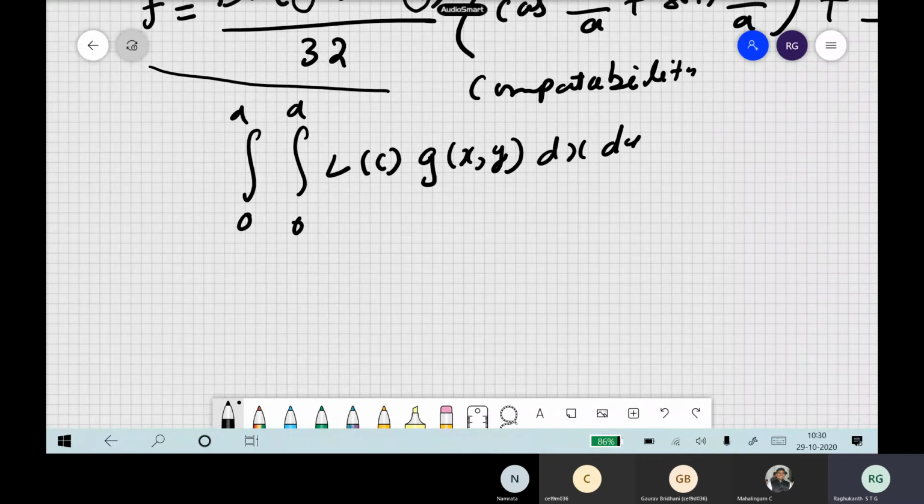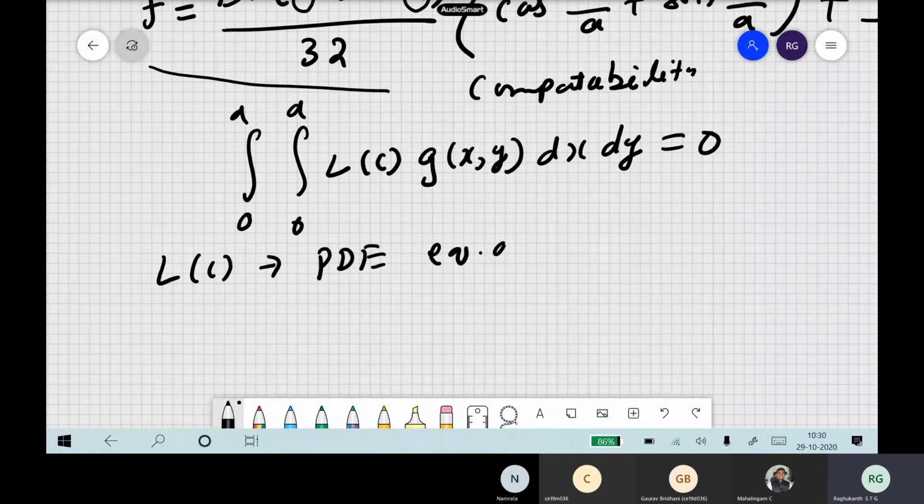So the integral over dx dy has to be equated to 0, where L of c is nothing but the PDE, that is the equation of equilibrium. So you can solve by this Galerkin method. Because closed form solutions are not possible and you cannot directly solve the PDEs, this is an easy way actually. So now you substitute and then solve for all those things.